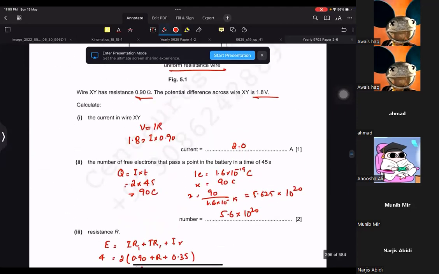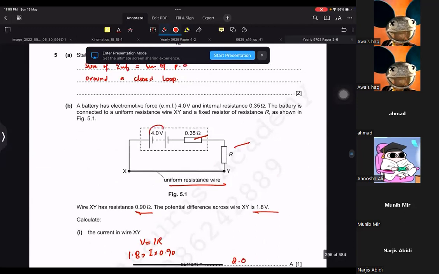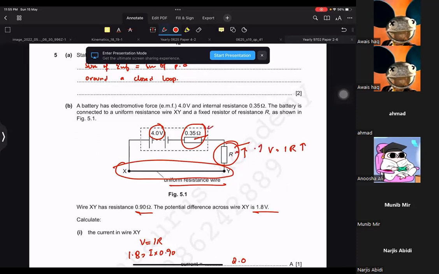If you need to understand this, the EMF is being divided across these two. If this gets higher resistance, because V is equal to IR, the voltage across this will increase, which means the voltage across the other parts is going to reduce. So that's what we know.